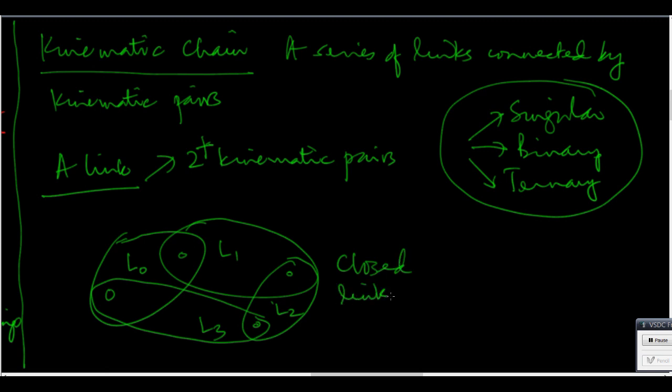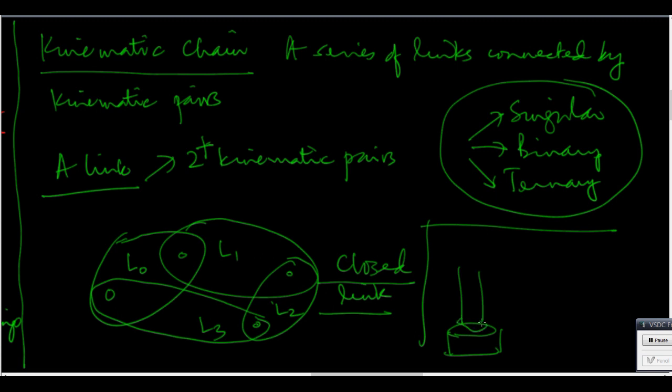A lot of mechanisms have closed links, but there are open links where there is at least one link which is not connected to two other links. Okay, and the open link or the open chain is important in robotics. For example, you may have a base, some cylindrical thing that is mounted on that base.